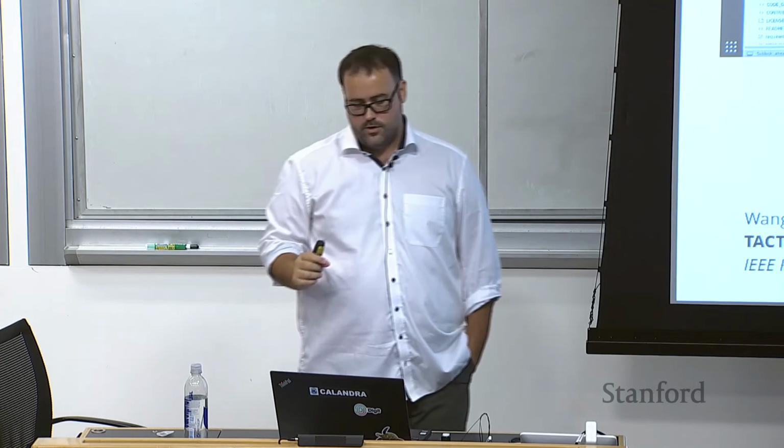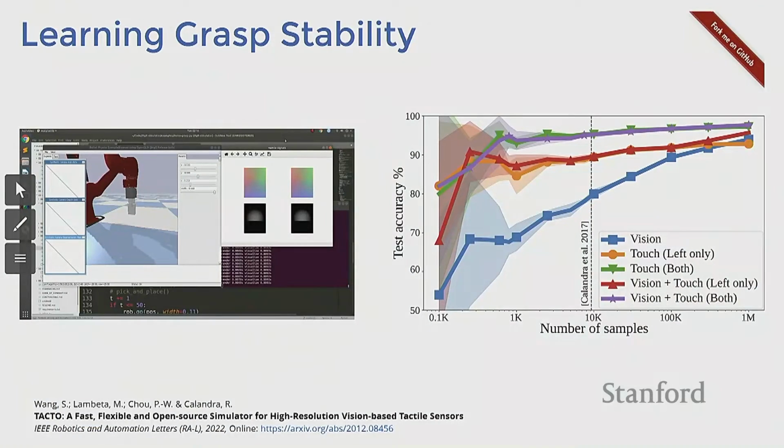But one of the very small contributions that we made was that together with the release of our simulator Tacto, we also released a standard benchmark for predicting grasp stability, where the idea is that we want to be able to detect whether this object will still be in my fingers after I raise it.